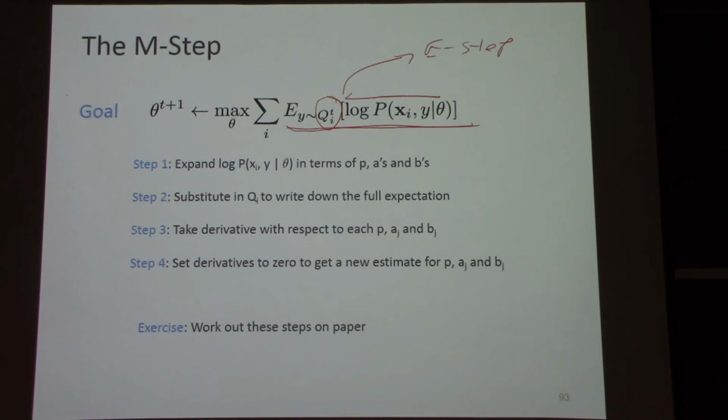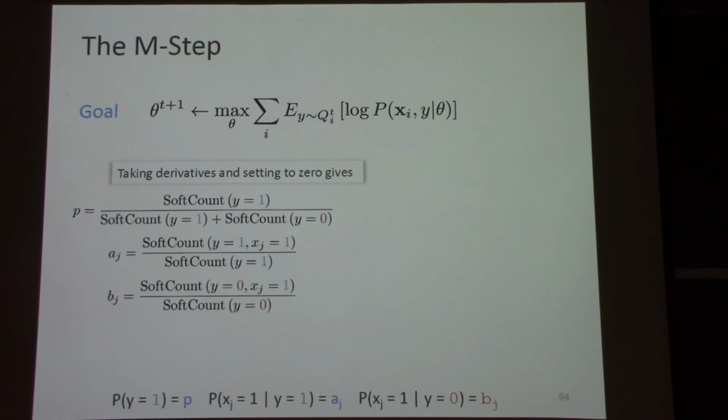All you have to do is take the derivative with respect to all the things that are not fixed and set them to 0, to get an estimate. Again, you should work this out. It's almost impossible to understand the EM algorithm unless you actually work it out on paper. But again, like last time, I can give you the answer.